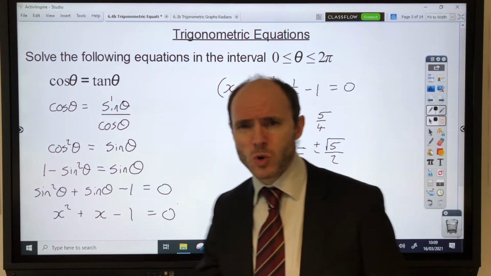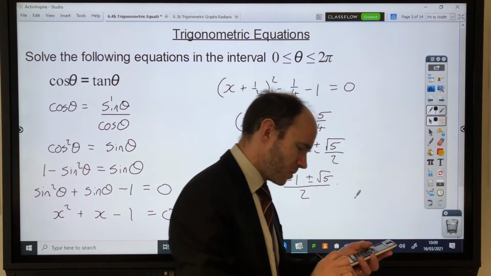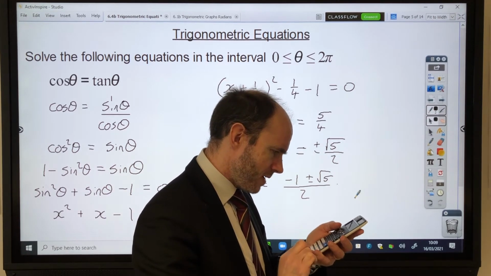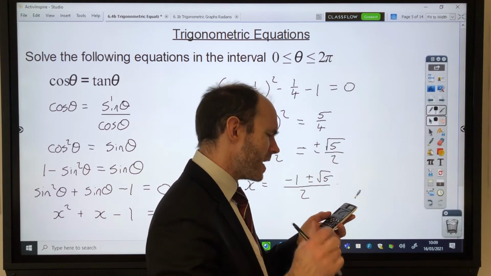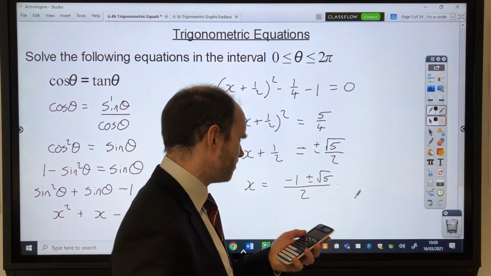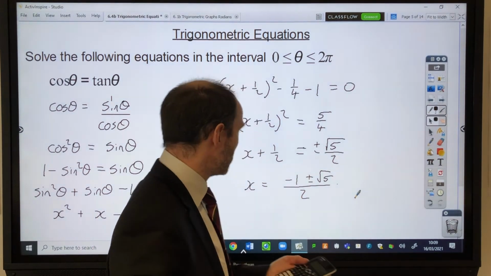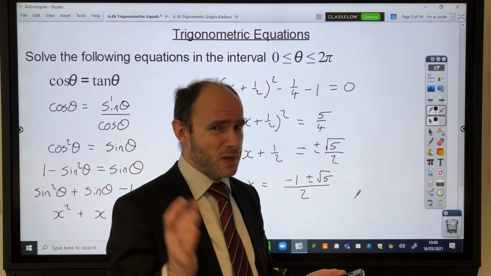Now I'm just going to do a quick check on that because I've got a suspicion one of those is not going to be possible. So I'm going to do negative 1 subtract root 5, and then divide that by 2, work out as a decimal. Yes, that's negative 1.61. Of course, when you're doing the inverse sine of a value, it's got to be between negative 1 and 1.